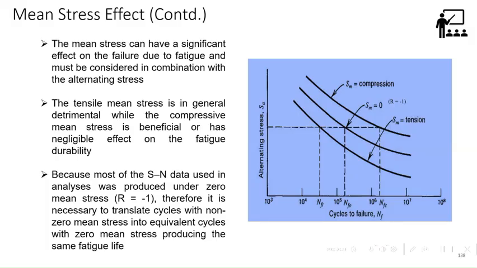Later on we will see KT means the notch effect, but even for a smooth specimen, if you are trying to predict a component without any KT notch effect but with a different R, well and good if you have it, but sometimes you may not get an R curve, and you cannot extrapolate beyond whatever is given in the data set. Interpolate you can do, say R equal to 0 is there and R equal to 0.5 is there.